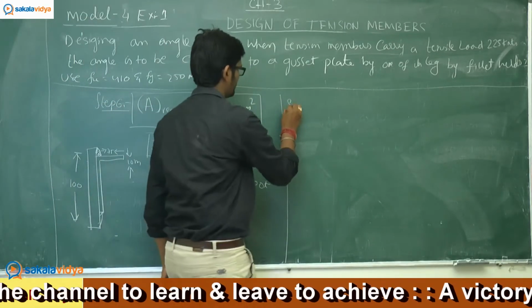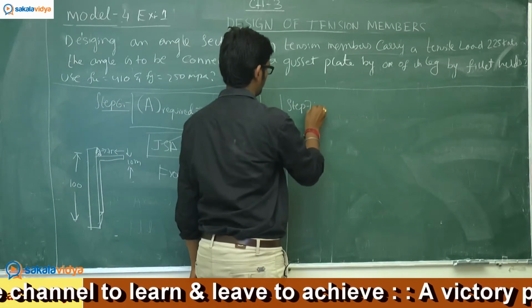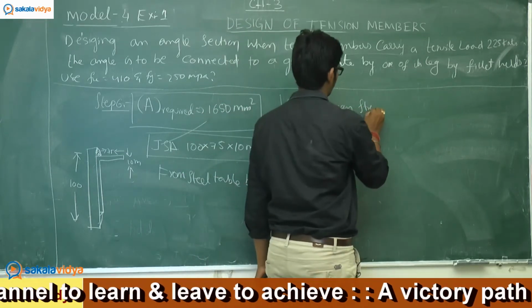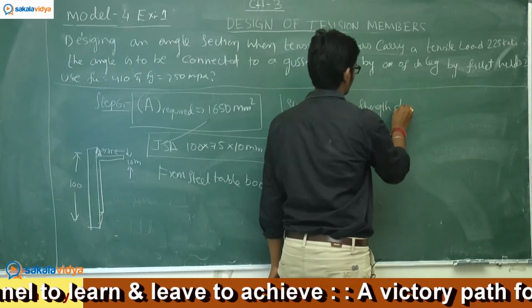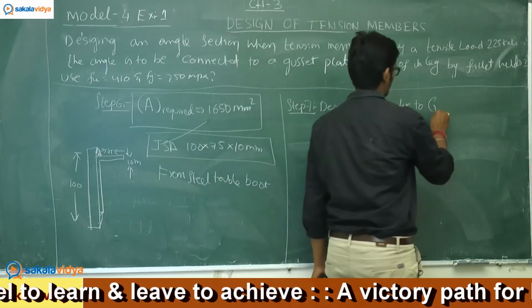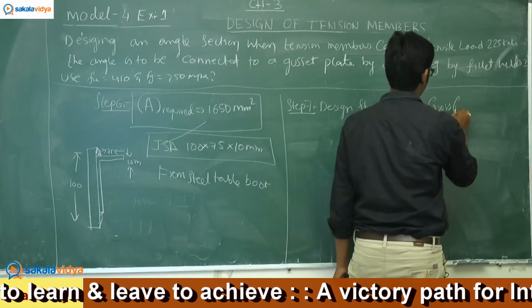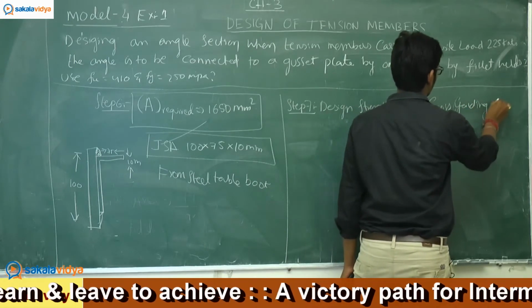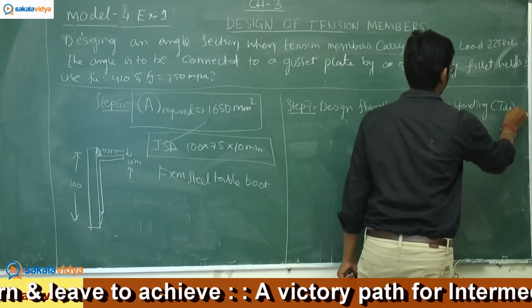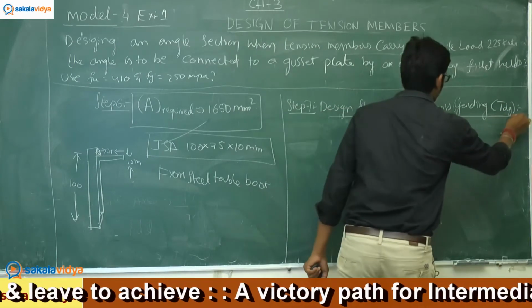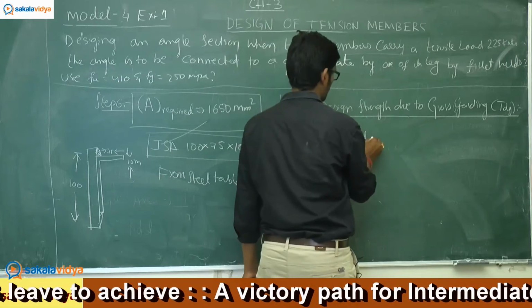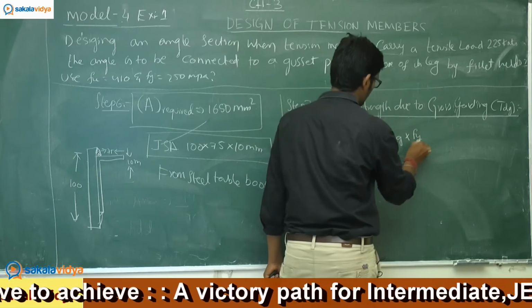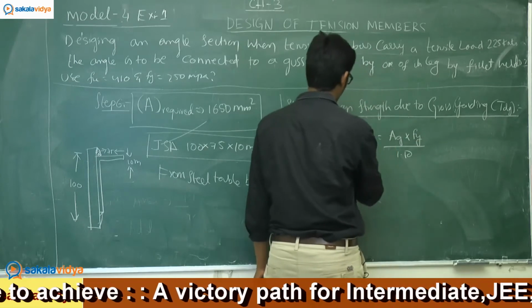We need to find the design strength due to gross yielding of the section, that is Tdg. What is the formula for design strength due to gross section yielding? Ag into Fy divided by partial safety factor gamma m0, that is 1.10.